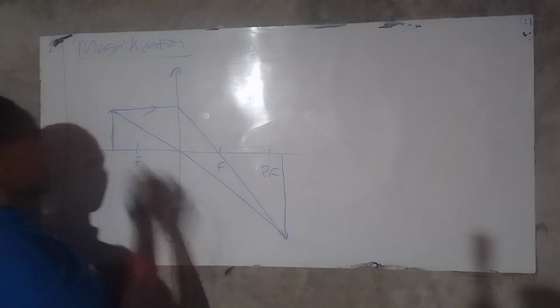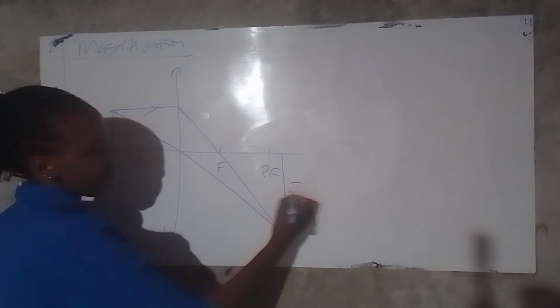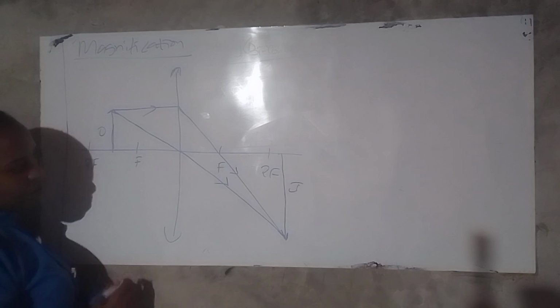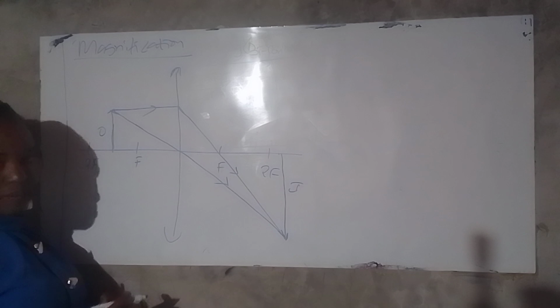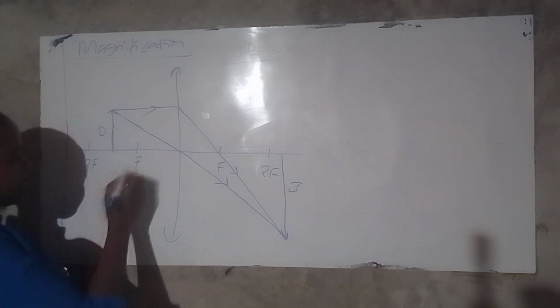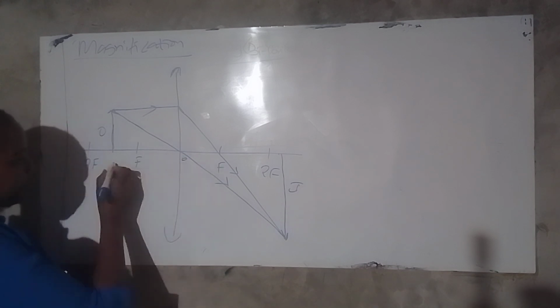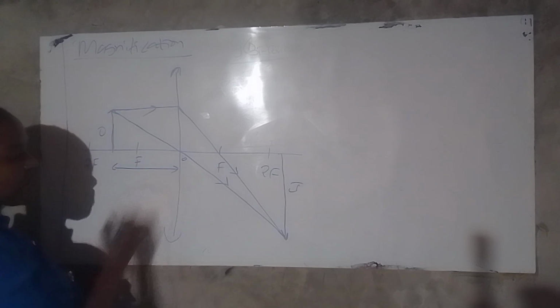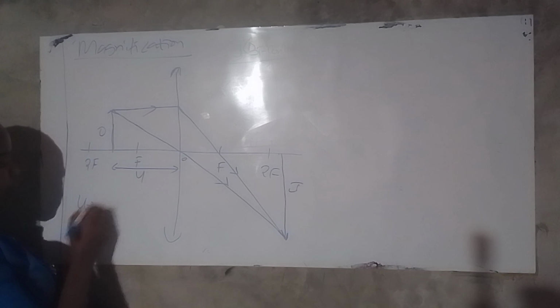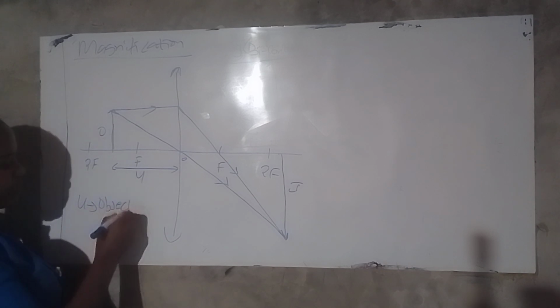So this is our object, and that is our image. Okay. Now, to understand magnification, there are terms that we need to understand. The distance from the optical center to where we have the object, we give it symbol U. U is called the object distance.